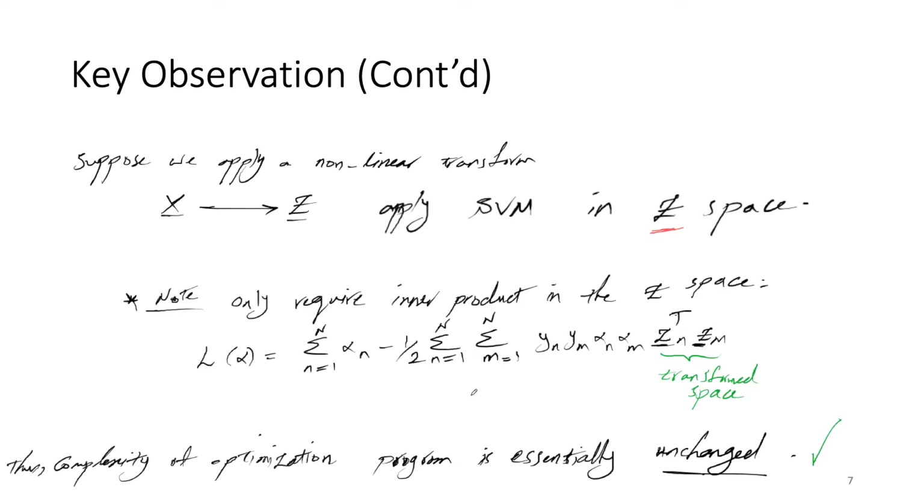So you see that in order to compute that, it's going to be pretty easy because it's just a matter of inner product of two matrices. And the complexity of the optimization is essentially unchanged because this is just an inner product, right?